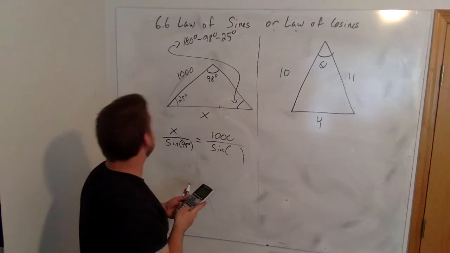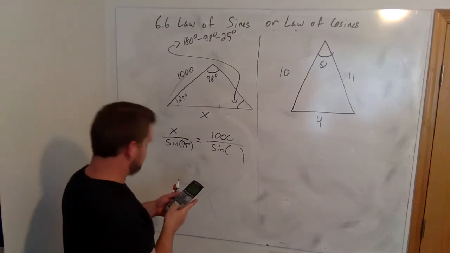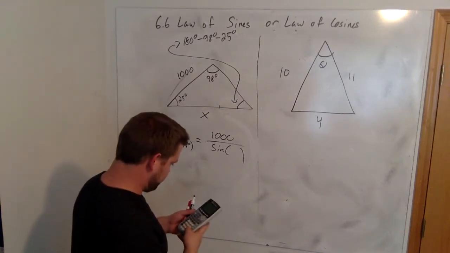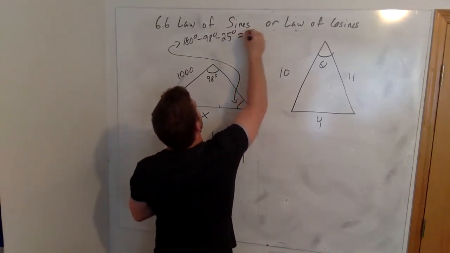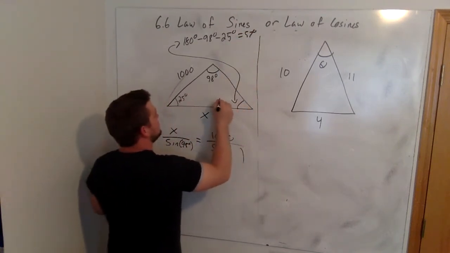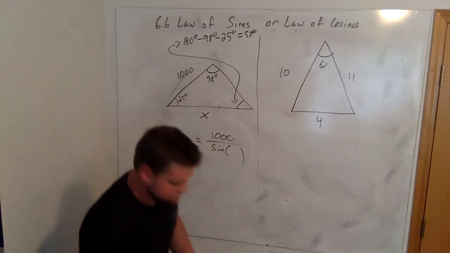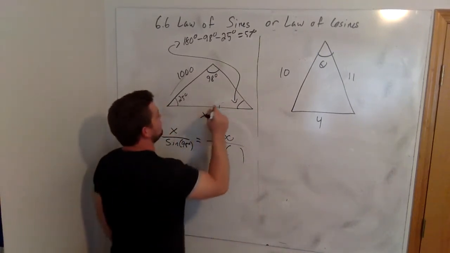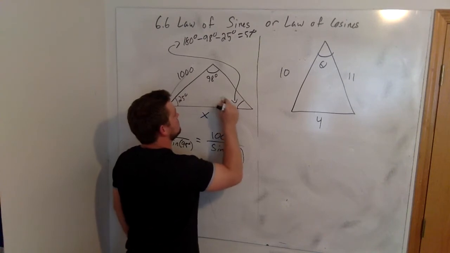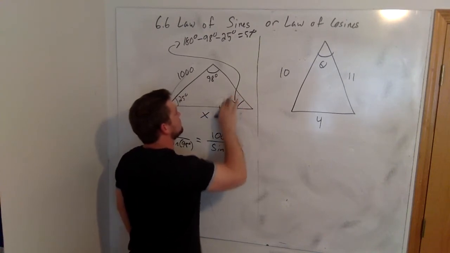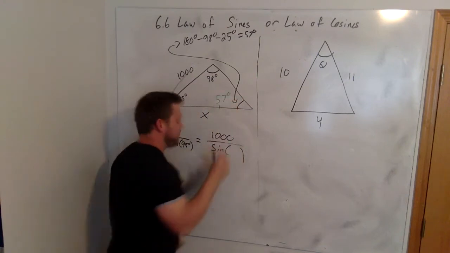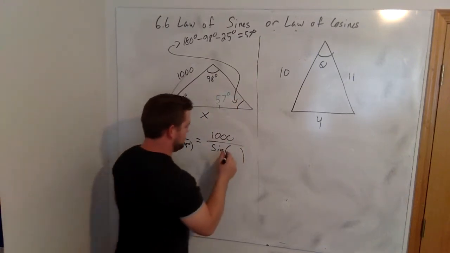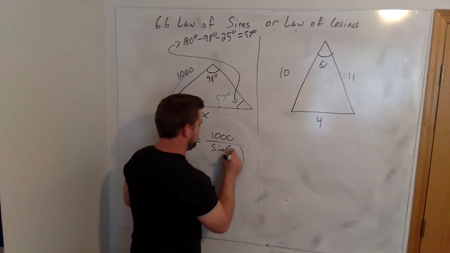So 180 minus 98 minus 25, getting 57. So this angle here is, doing a different color, 57 degrees. So we'll put a 57 right here.